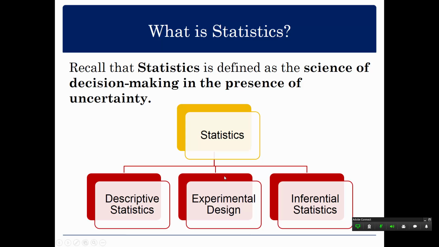But today let's get into this centerpiece here, which is the design of experiments. I defined the field of statistics last week as the science of decision-making in the presence of uncertainty, and everything that we do for the most part can be bent into one of these three things. Descriptive statistics, which is kind of exploring data.